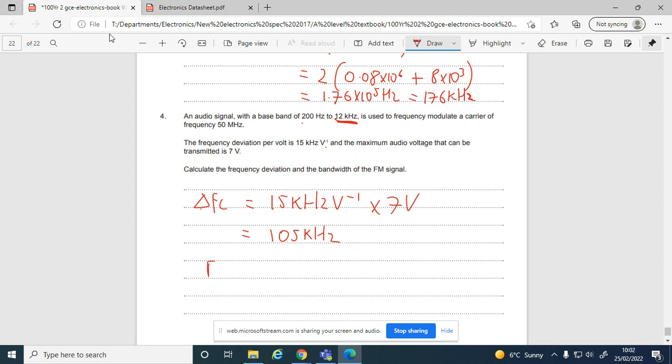So bandwidth is quite simply twice delta FC plus Fi. You see we're using the same equation all the time. 105 plus 12. I'm not putting times 10 to the 3 because they talk to each other already. So that's 117. Double that, 234.